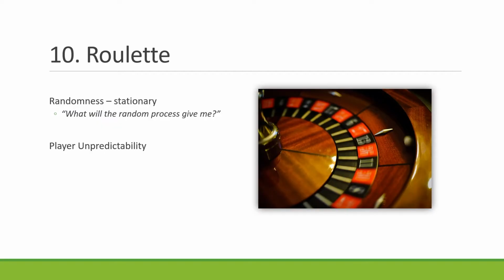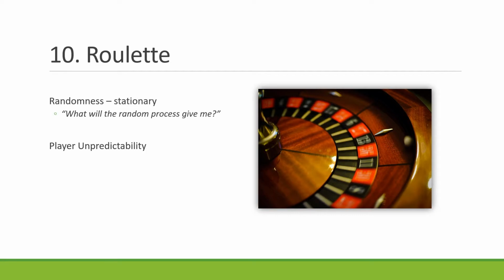Compared to something like roulette, which is all about randomness, and there's no simulation, there is no strategic complexity about roulette, right? This is a game of chance, and your participation in the game comes down to understanding distributions of what are the chances of landing.